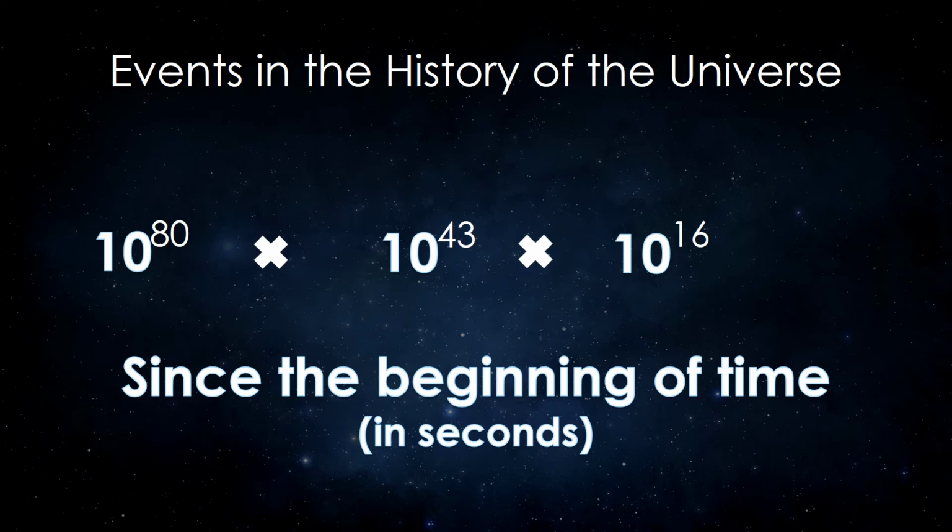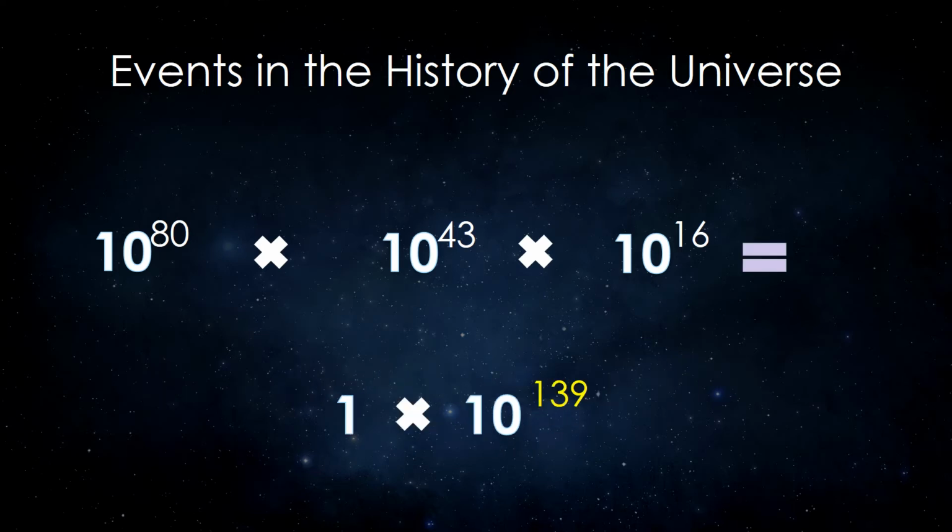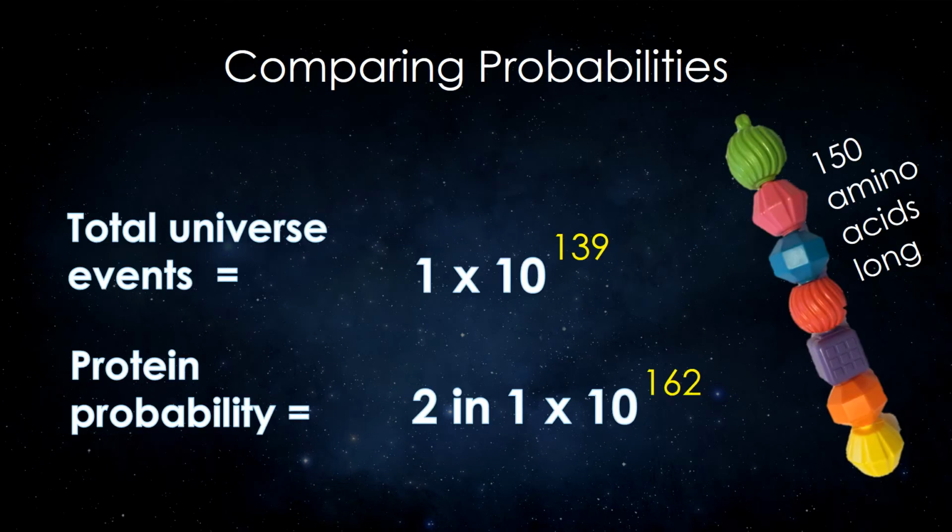We don't know for sure how old the universe is, but scientists estimate it is about 13 billion years old, which is about 10 to the 16th seconds. By multiplying these three estimates, he calculates the total events in the entire history of the universe to be 1 times 10 to the 139th. That is a 1 with 139 zeros after it.